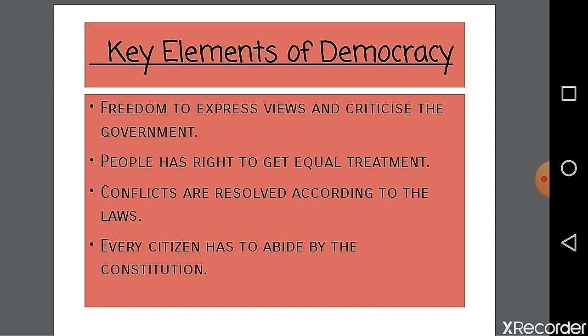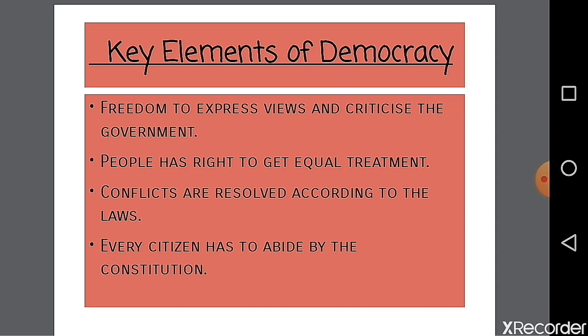That means we can express our views regarding the government's policies and how the government is working, how the government is governing us. Because ultimately we have chosen them for governing us, for the welfare of the people, for the welfare of the country. So we have the right to express our views.